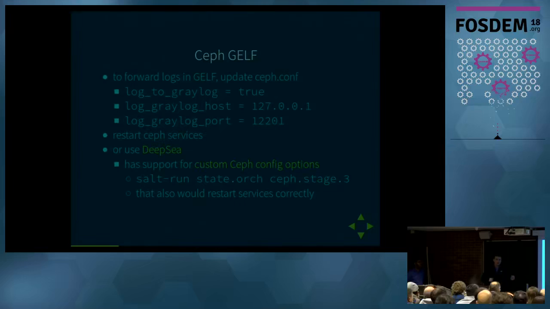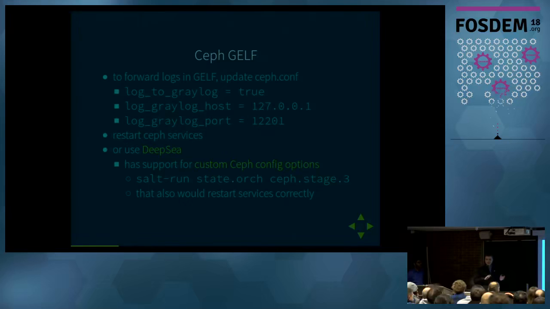Ceph Graylog support is built in. It's not really documented, but you can find these parameters in Ceph itself, and it works. At least for me it was working fine. You just need to configure those parameters and restart the Ceph services one by one, for sure. For example, we are using DeepSea, a Salt-based configuration management, so you can run one command and that's everything you need to do.